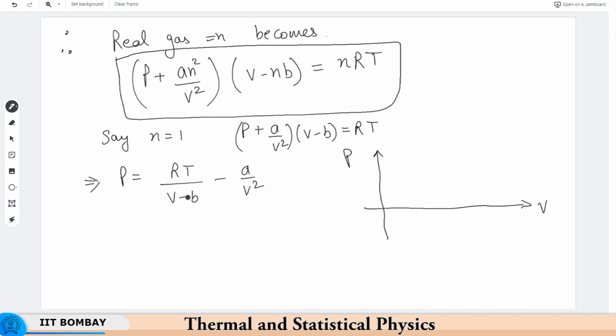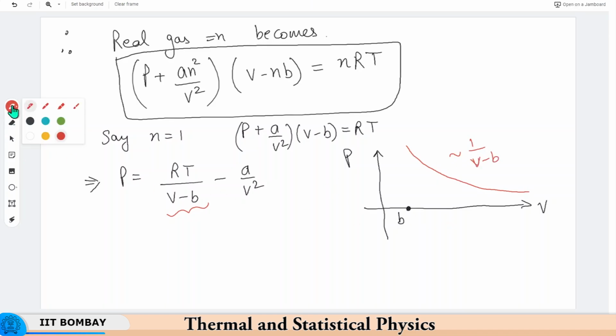It is a combination of two functions. There is a quantity b here. The first term is inverse, 1 by V minus b. So this is how it will look; let me do this with red. This is V minus b.